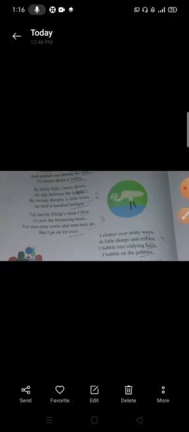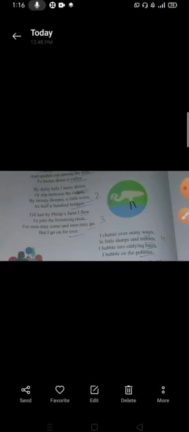In that also the small pebbles are there, you can see the small stones. It is passing through, experiencing different kinds of things. So these are the four stanzas through which we have come to know how the brook is experiencing and explaining its life in different ways.